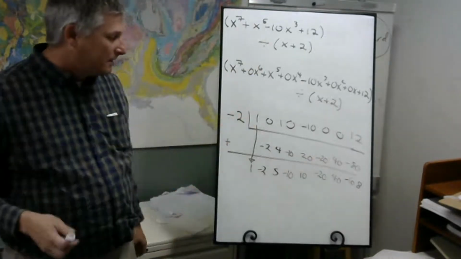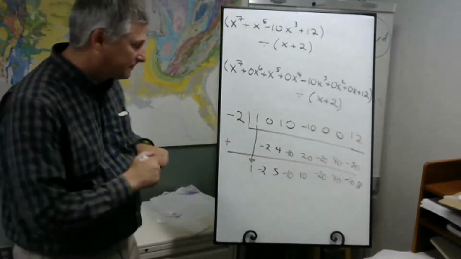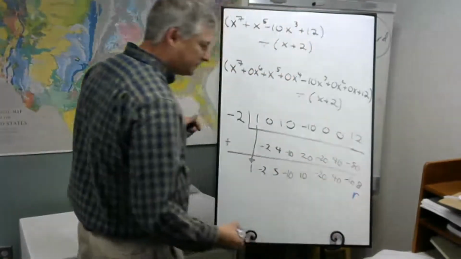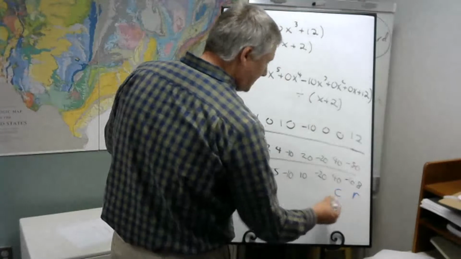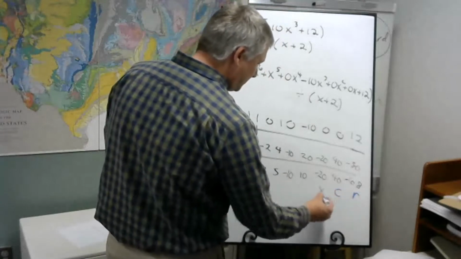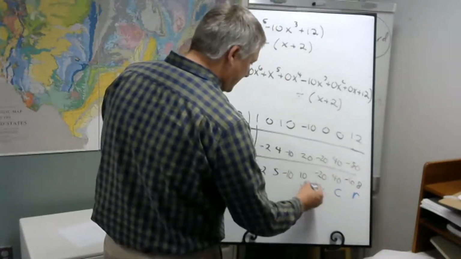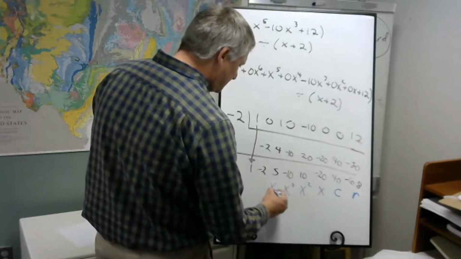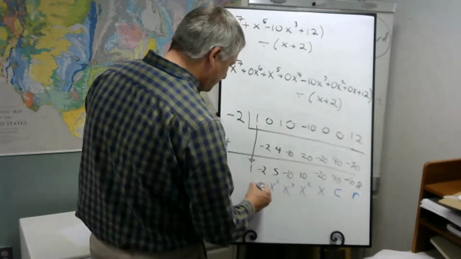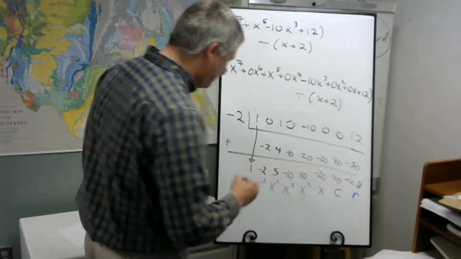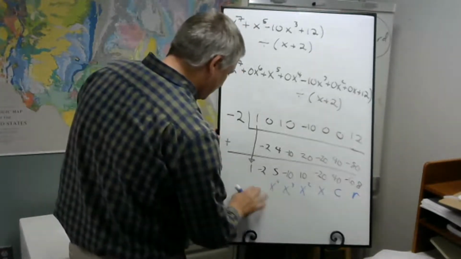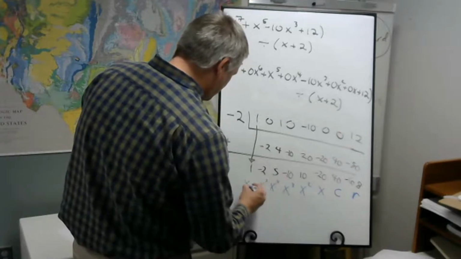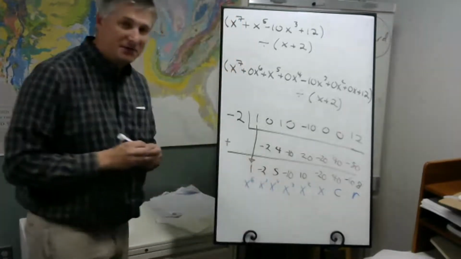All right. So how do we interpret this answer? Well, this is the remainder. Then constant coefficient, coefficient for x, coefficient for x squared, coefficient for x cubed, coefficient for x to the 4th, coefficient for x to the 5th, and then coefficient for x to the 6th.